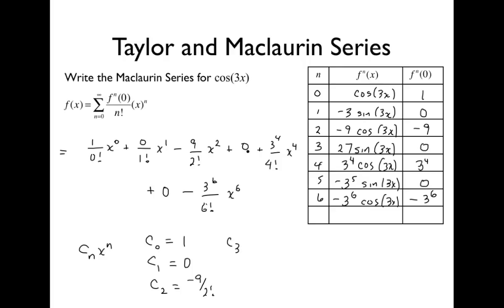C3, the coefficient for the x cubed term, is 0. C4 is 3 to the 4th over 4 factorial. And so this actually now is helping us. Start over. And C6 is.